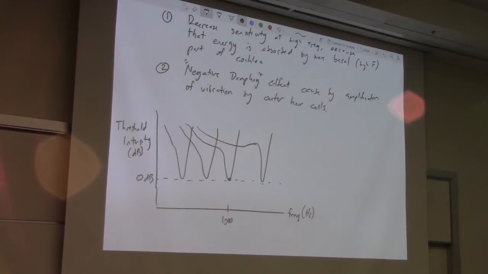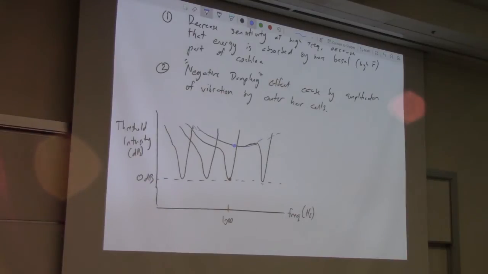So for instance, let's change color. If we just look at this most high frequency hair cell, and just looked at the sensitivity in decibels, you would find that it looks something like that, where it has some peak value right around here. Above and below that, the sensitivity drops off.